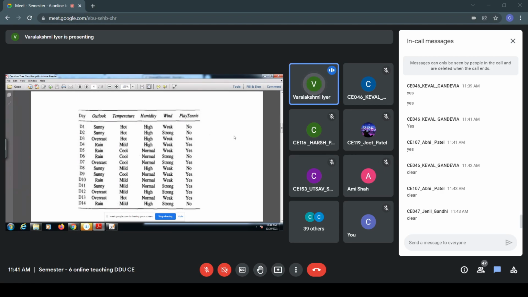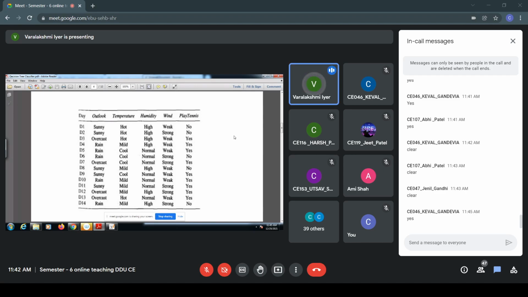That is your first task today. In the next lecture, come up with the entire decision tree, check whether you are getting proper calculations, and whether you are facing any difficulty, so that we can discuss it in the next lecture. Is everyone clear with today's task? You have to create a decision tree using the ID3 algorithm.